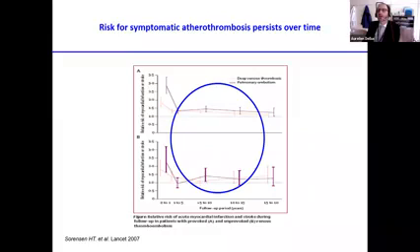This risk is probably lower in patients who had a provoked event, but the quality of the data is not clear regarding the presence of a provoking event in these patients. But overall, patients with VTE have a higher risk of developing symptomatic atherothrombosis, mostly in the year following the index VTE event, but also in the long term.